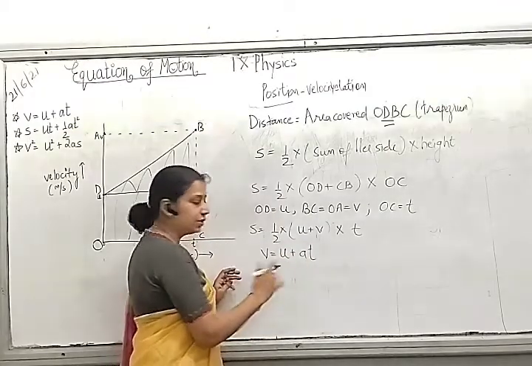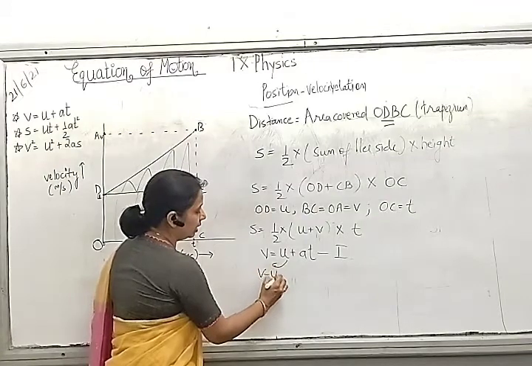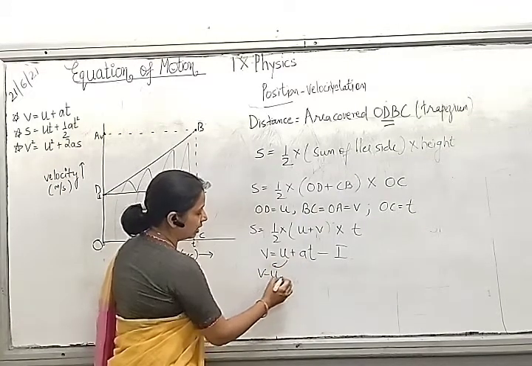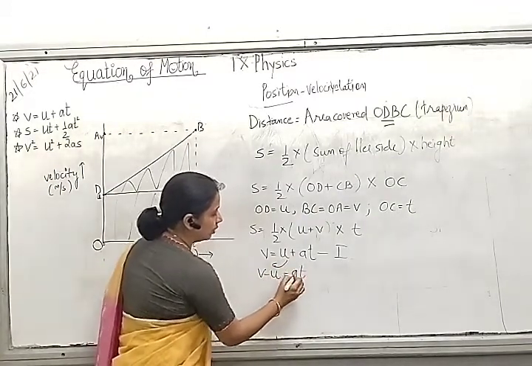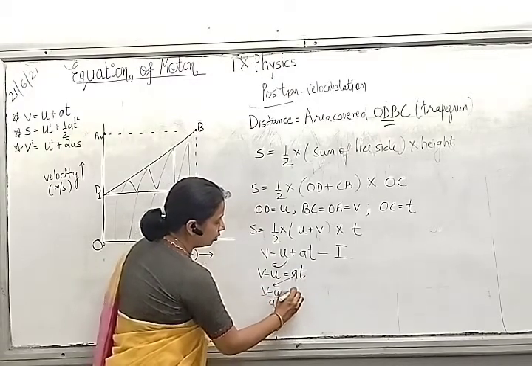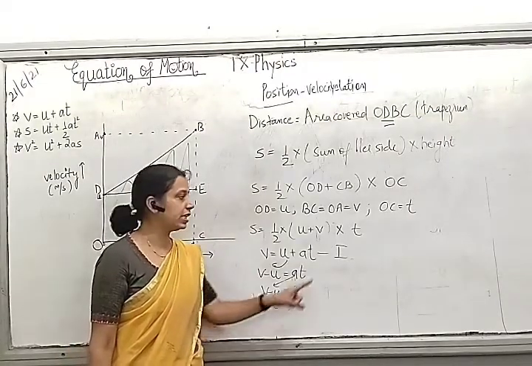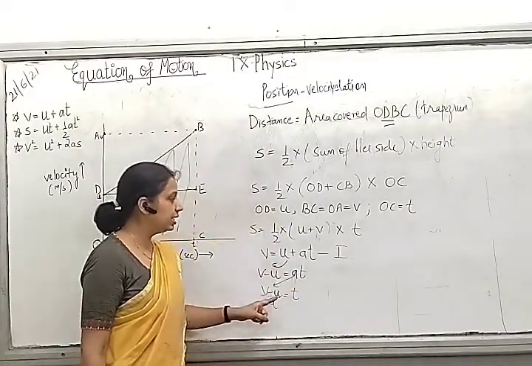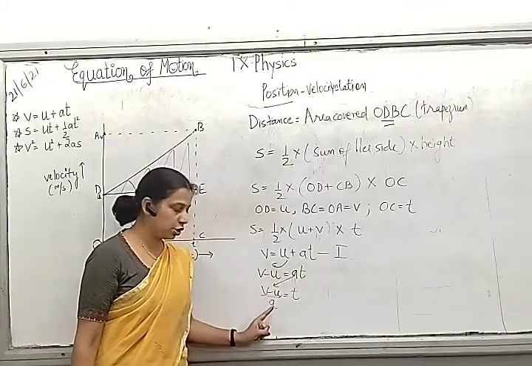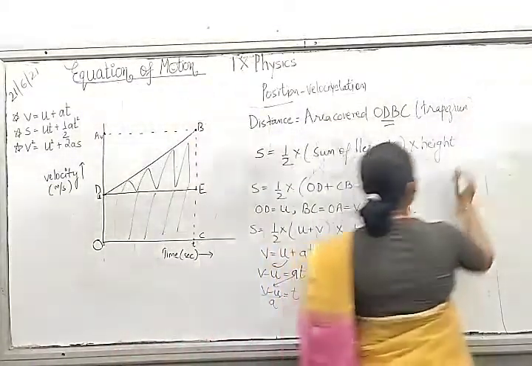I will rearrange it a little bit: V minus U equals AT, so V minus U upon A equals T. So I can remove this T by writing V minus U upon A instead of T.